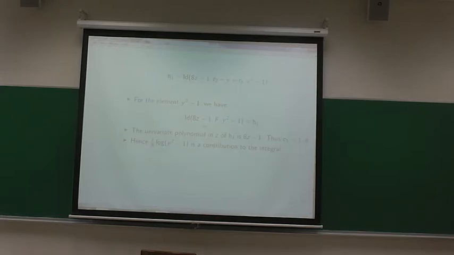So the univariate polynomial in H1 is 8z minus 1. So our c1 here is 1/8. Hence, 1/8 log of y squared minus 1 is a contribution to the integral.